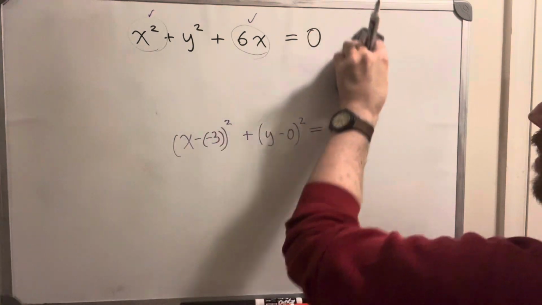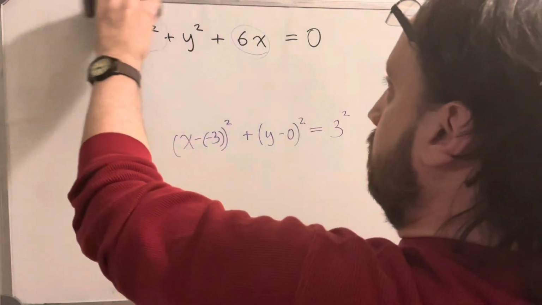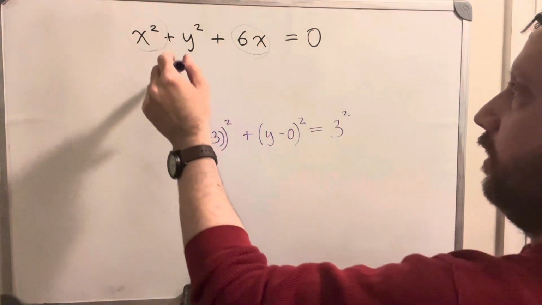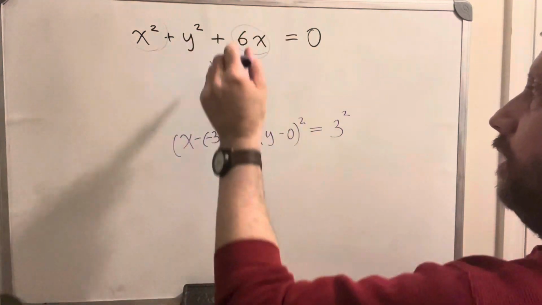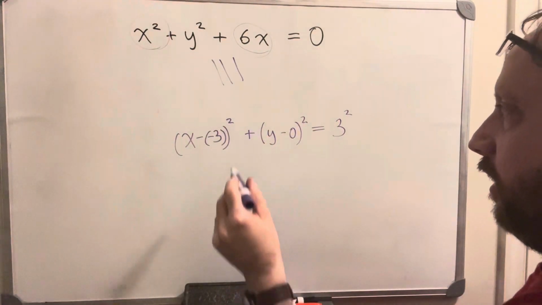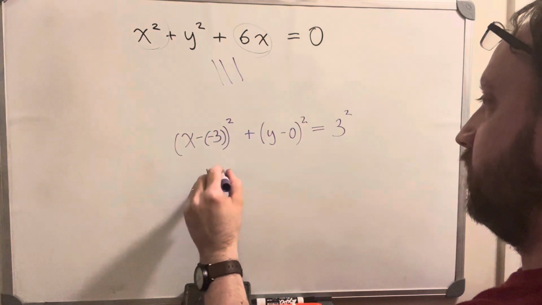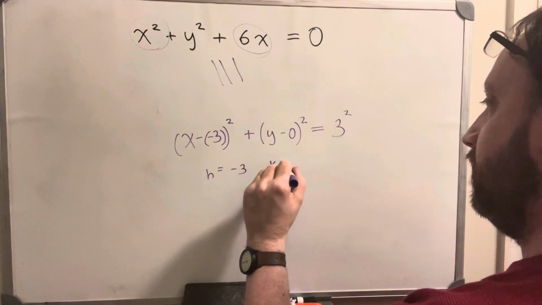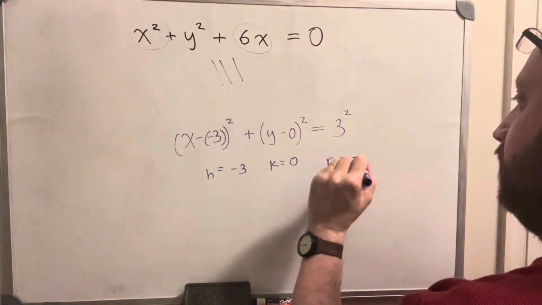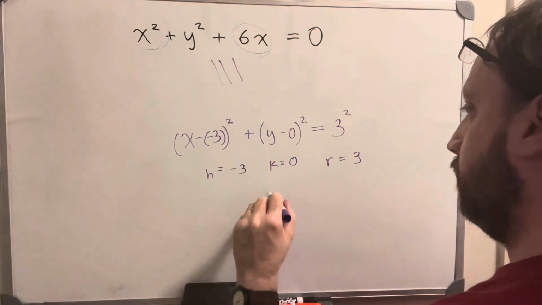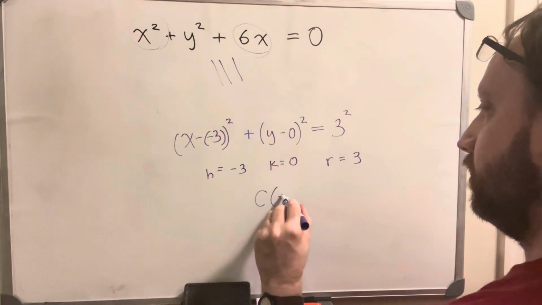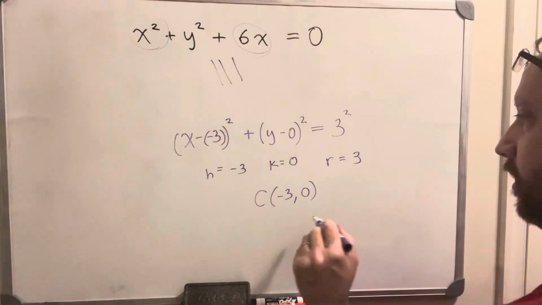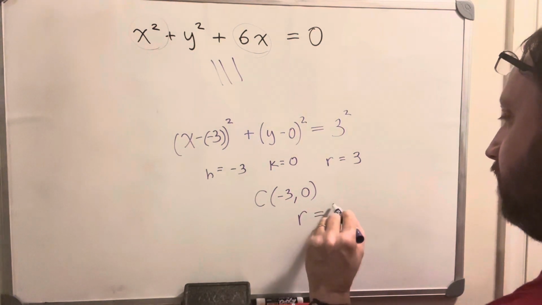It was a lot harder in this form, but because we've completed the square, we know that these two are identical. And from this, we know that h is negative 3, k is 0, and r is 3. So the center is at negative 3, 0, and the radius is 3.